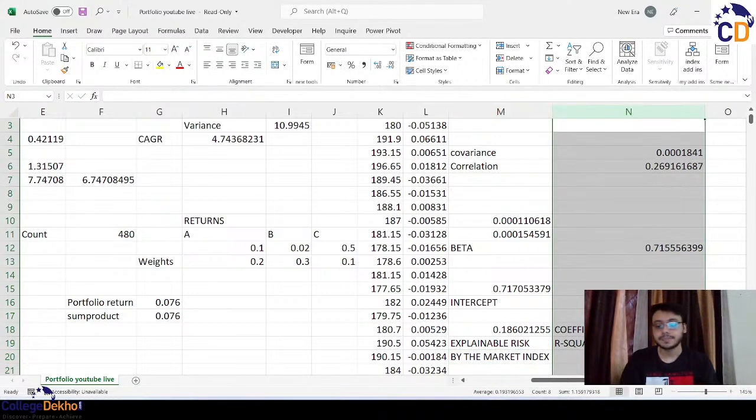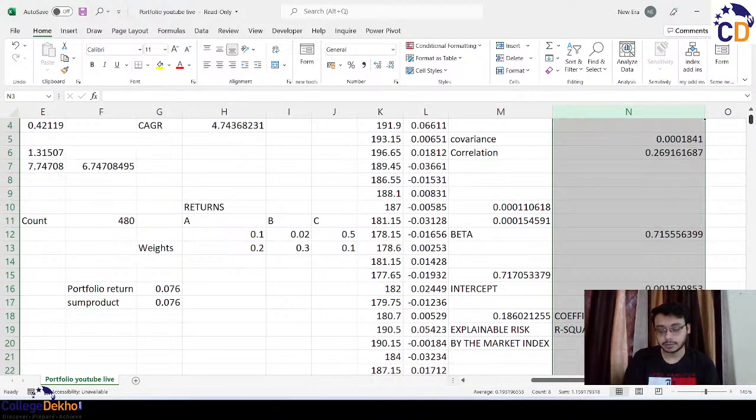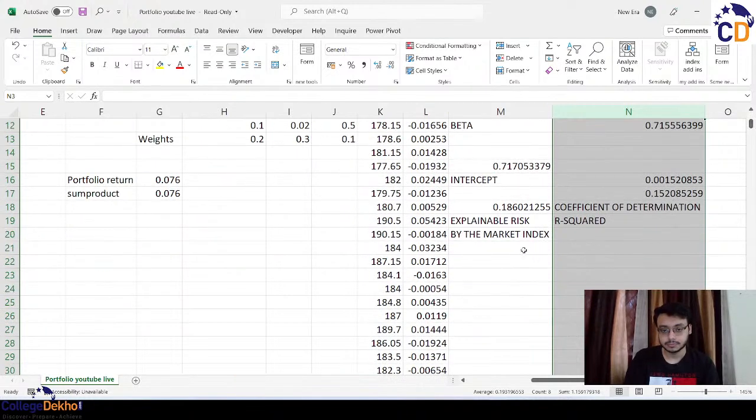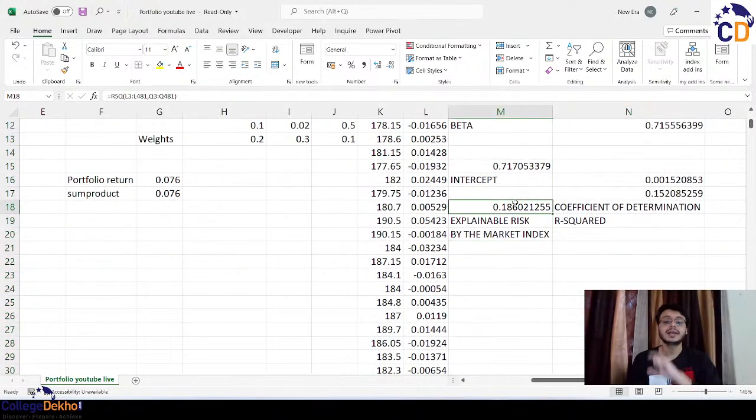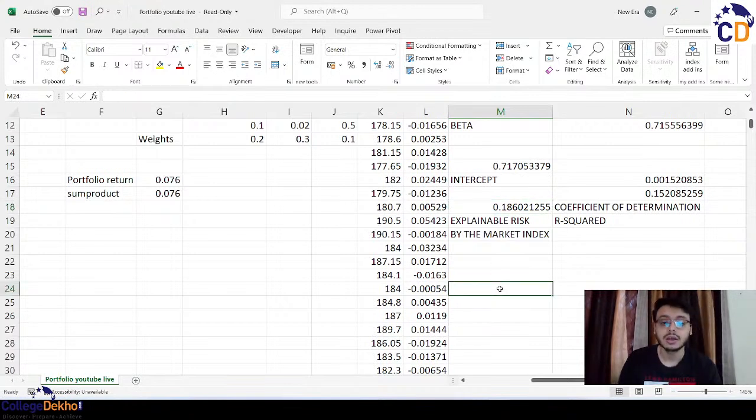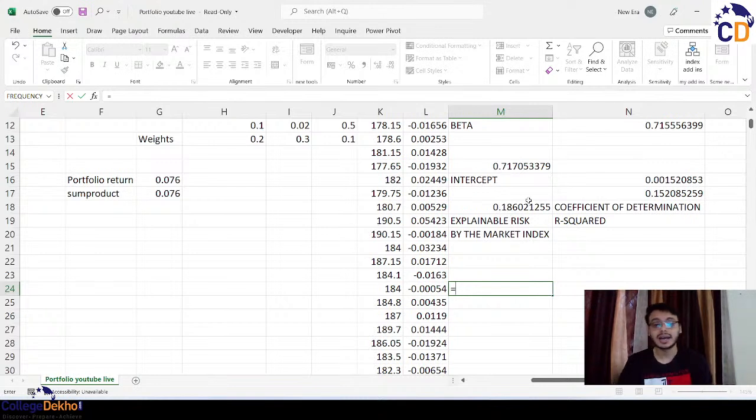Okay, this is one thing. So this is the risk explainable by the market. Now, if we want to know the risk not explainable by the market index, and this is also the systematic risk. Okay. Now we want to know the unsystematic risk basically. Unsystematic risk हमें निकालना है, हमारा systematic risk भी है, हमें अगर unsystematic risk निकालना है.